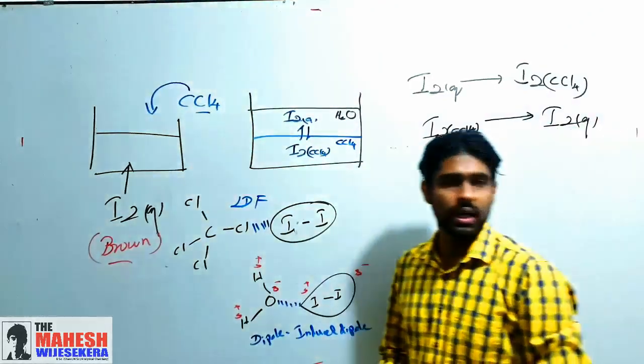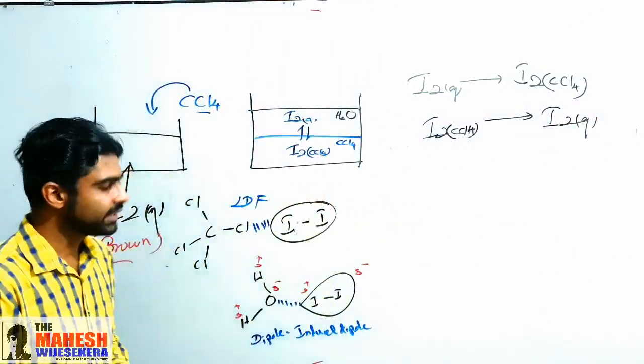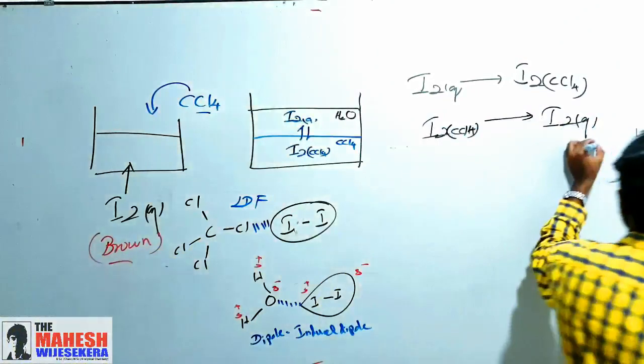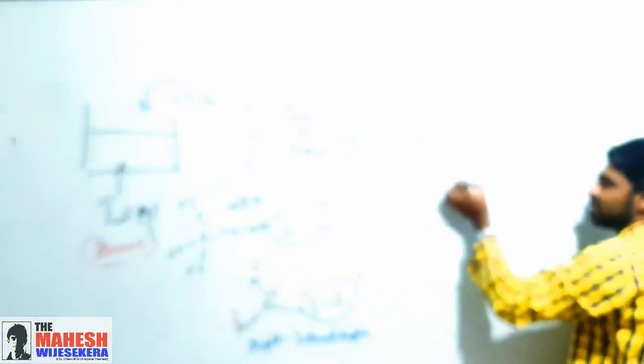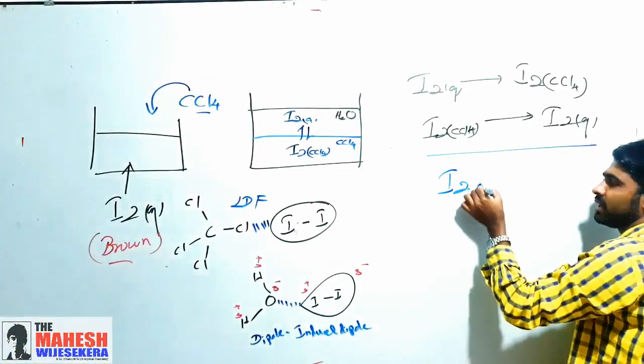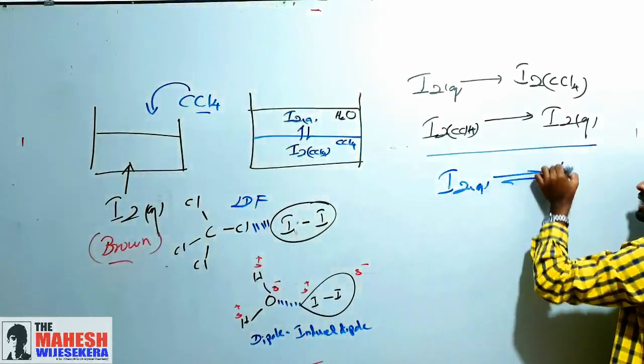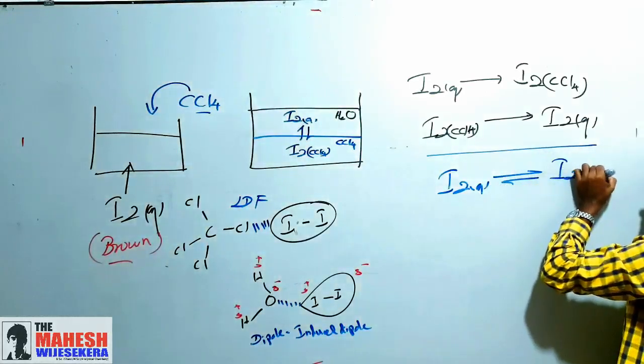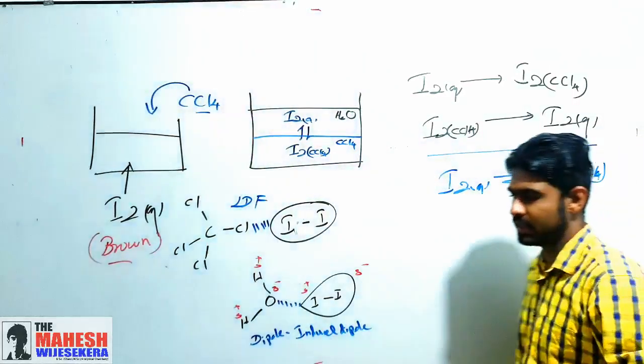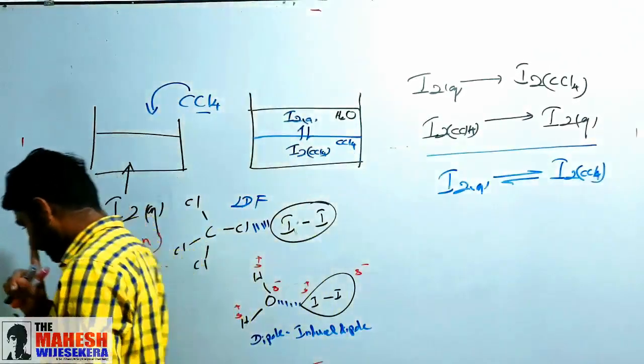When both rates are equal, we have an equilibrium between iodine aqueous and iodine CCl4.